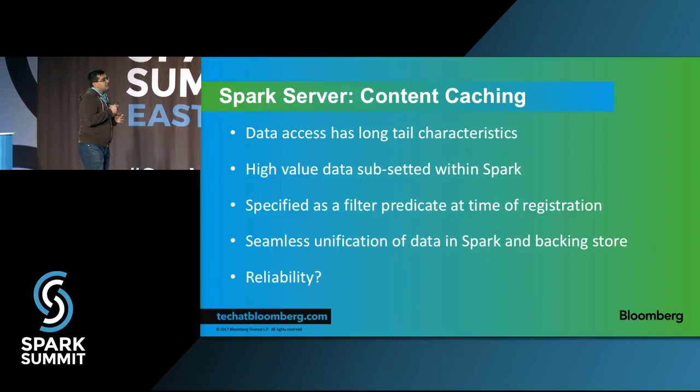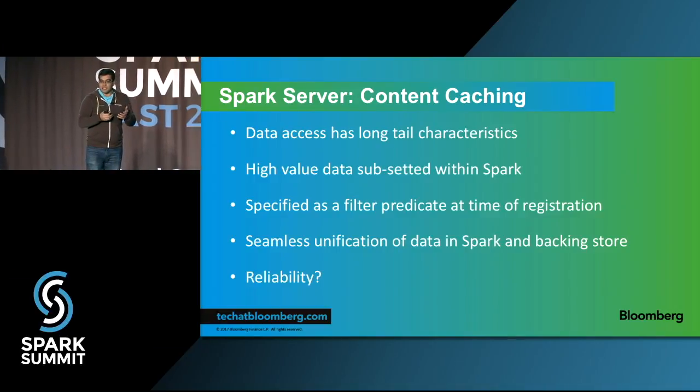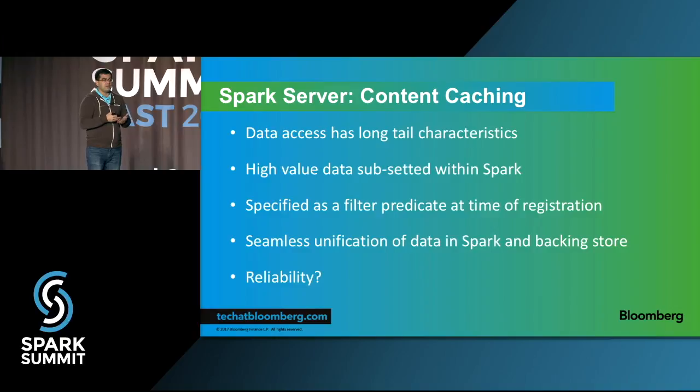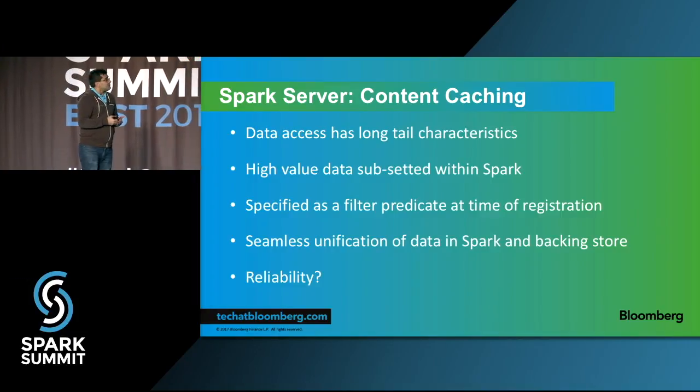So the ingestion manager allows you to express this kind of subsetting as a filter predicate, which you can specify at the time of registering the request processor, and it will take into account this filter predicate while constantly refreshing the data set.